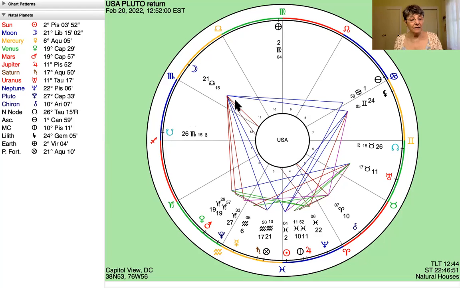So I leave you with these ideas for now, and just with the idea that the moon is opposite Chiron, quincunx Neptune.